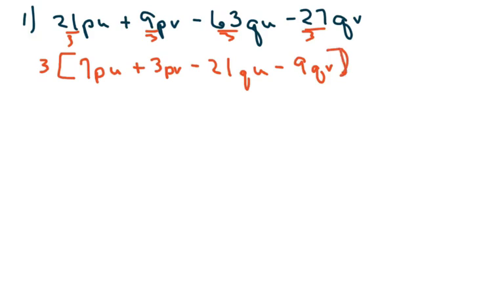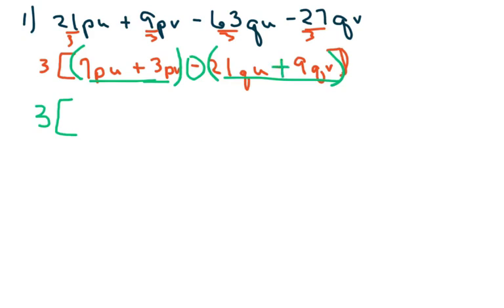What's nice about this set is that they're in order, so you don't have to rearrange everything. So I'm going to group these together. I'm going to put parentheses here, and also here. You might want to make another line. But when I put parentheses here, because of this negative, I have to change this to a positive, because when you distribute a negative, it turns the positive to a negative.